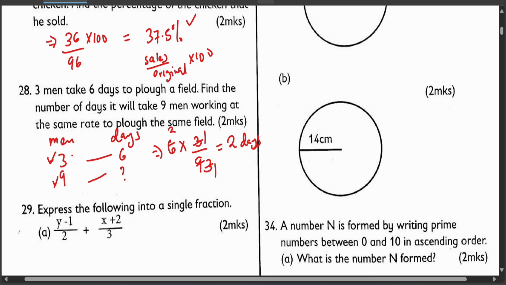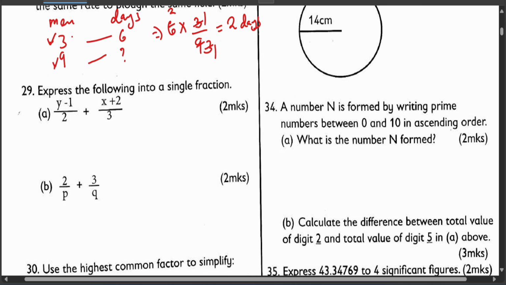Question 29. Express the following into a single fraction. Which is basically easy. Finding this is easy. The LCM of 2 and 3 is 6. If you want to confirm, divide by 2, 1, then divide by 3, 1, 2 times 3 is 6.